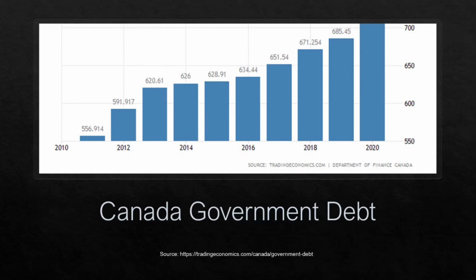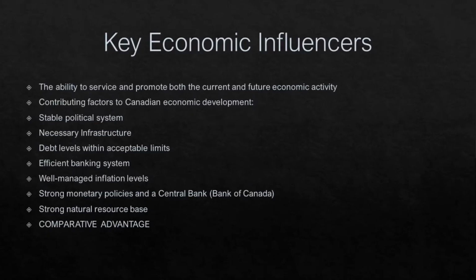this borrowing has a cost, like interest. And in Canada, our banking system is considered to be one of the most efficient and technology-savvy banking systems in the world. So we managed to keep our inflation levels within acceptable limits, especially in recent years, by designing and enforcing monetary policies and actions.